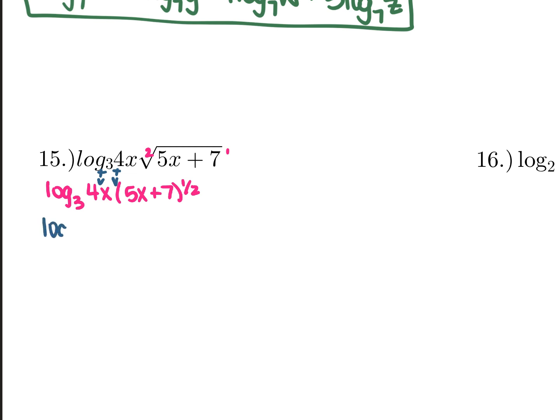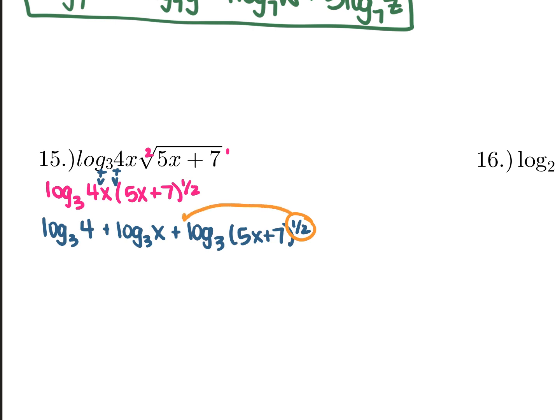So that's log 3 of 4 plus log 3 of x plus log 3 of 5x plus 7 to the power of 1/2. You have one power here that needs to be moved, so that 1/2 needs to go into the front of that log 3. So that's going to give you log 3 of 4 plus log 3 of x plus 1/2 log 3 of 5x plus 7.